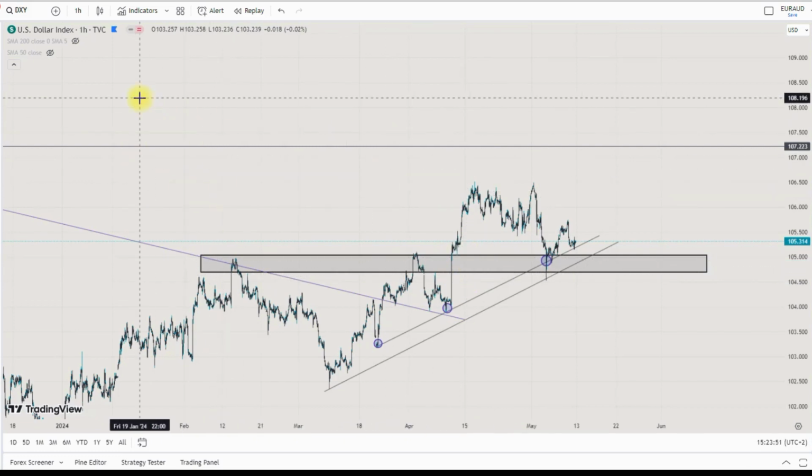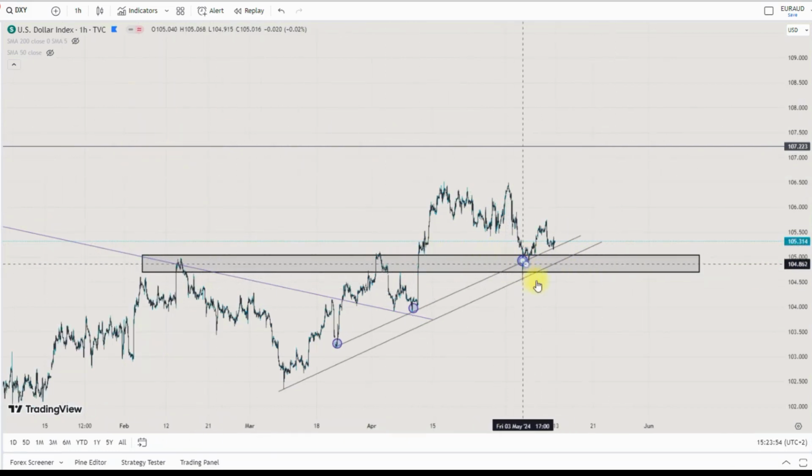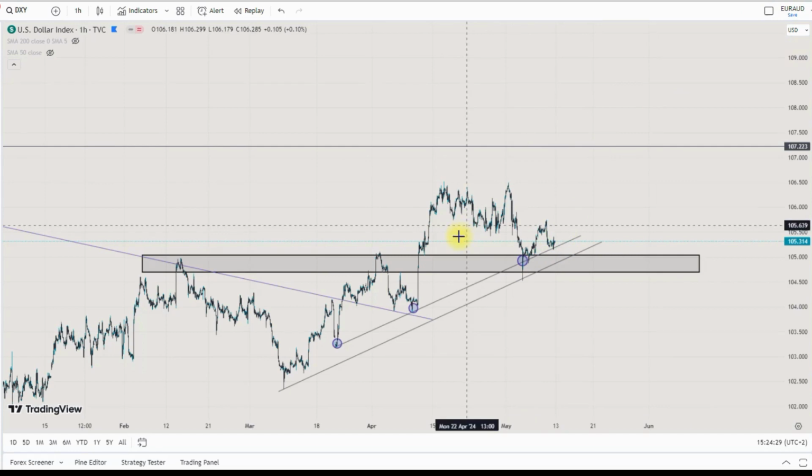Last week we talked about the DXY bouncing up from this area, and I told you guys that I'm looking forward to US dollar strength. Then we saw it playing out in our radar, because we saw a bounce on the DXY at this level that got rejected at the 50% Fibonacci retracement of this high right there, and then it came back here, and now we saw the bounce back on the 1 hour time frame.